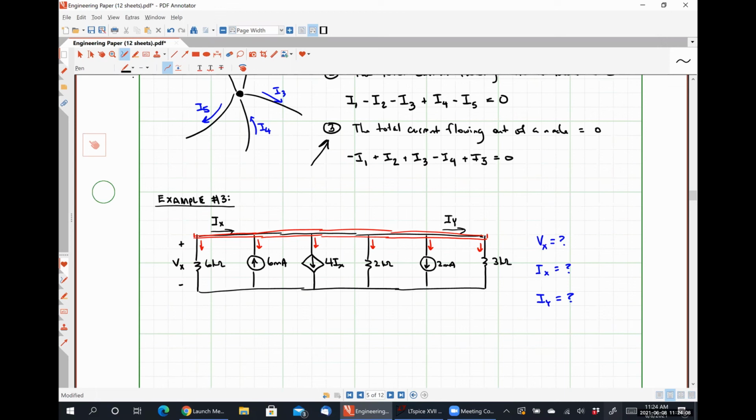So I'm going to say that the current flowing down through my 6 kilo ohm resistor is negative Ix. Does that make sense to you all? Let's start there.